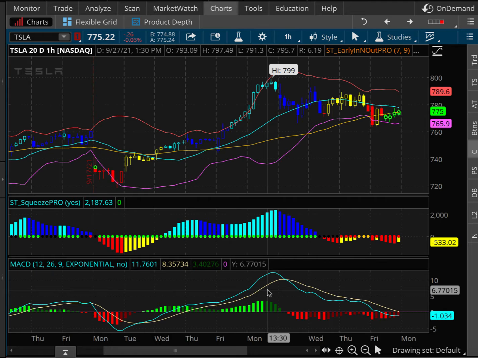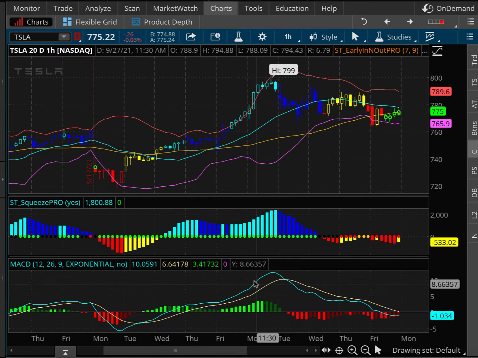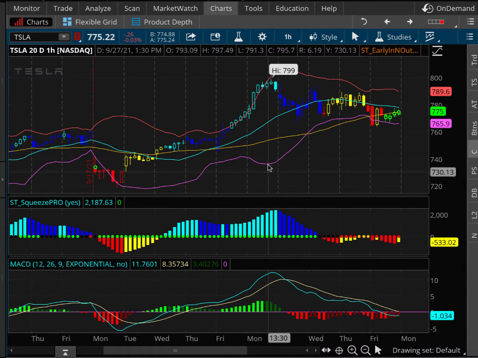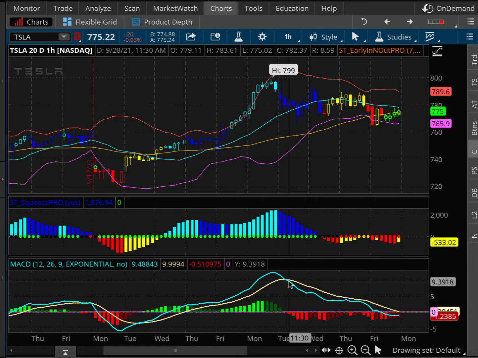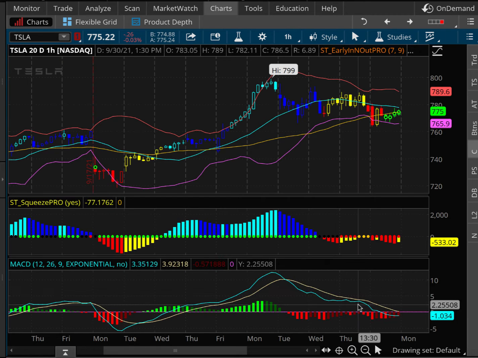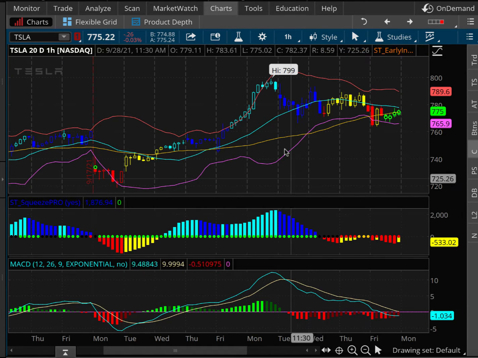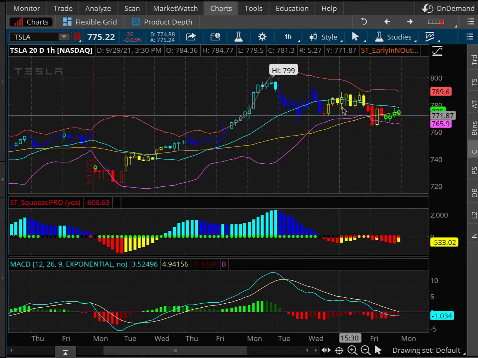So one other way to interpret the MACD is what this MACD is doing compared to the price action. So for example, you can see here that the MACD is trending down. But what is the price doing? It's actually kind of trading sideways in a channel.